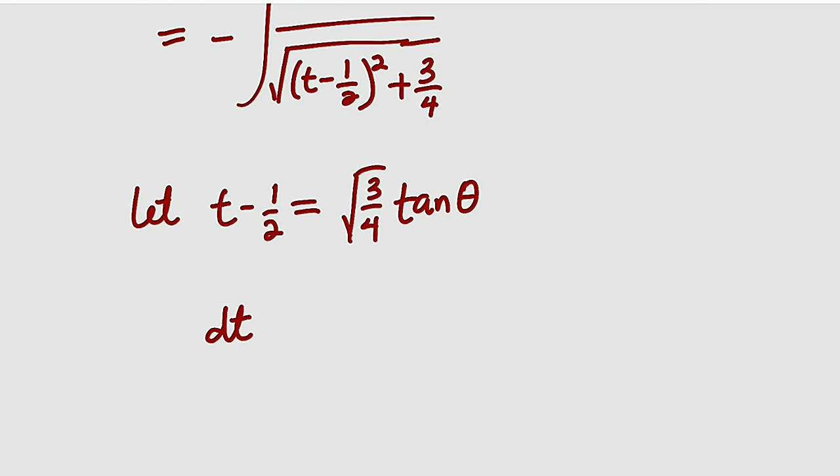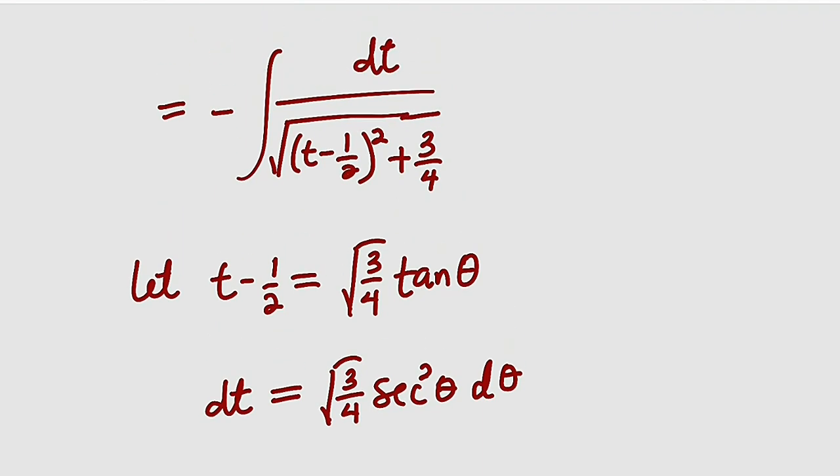You differentiate 1 divided by 2, negative, you have 0. So to the other side, this remain constant, which is square root of 3 divided by 4 secant squared theta, because if you differentiate tan theta, you're going to obtain secant squared theta. Then we have d theta.